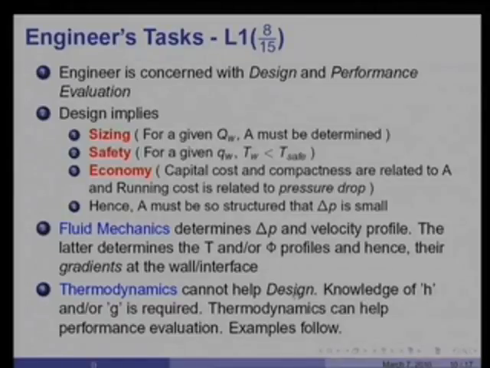And therefore, if you want to design any practical equipment, what you need to know is the rate of heat transfer per unit area, per unit time. And that can only be determined with the knowledge of h or g, as the case may be, whether one is considering heat transfer or mass transfer.